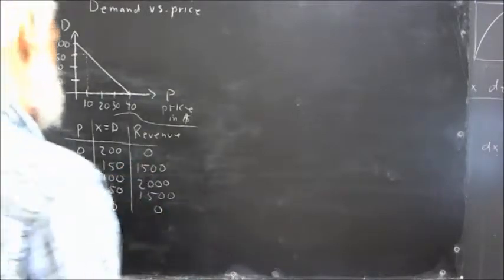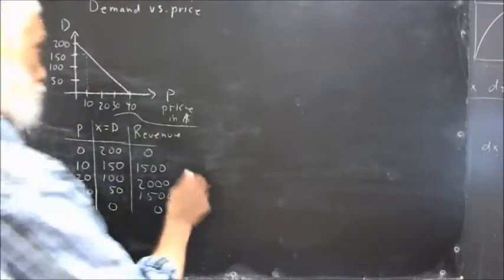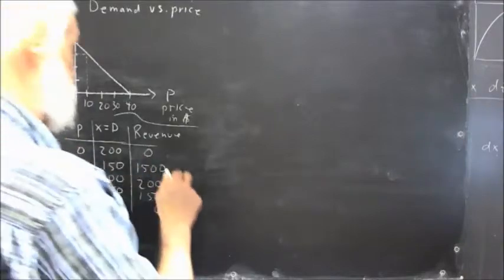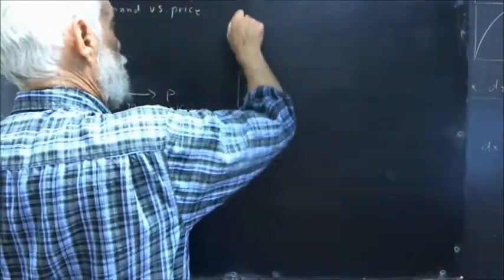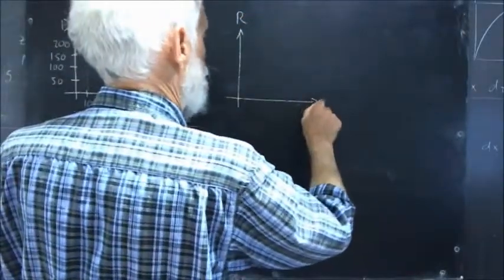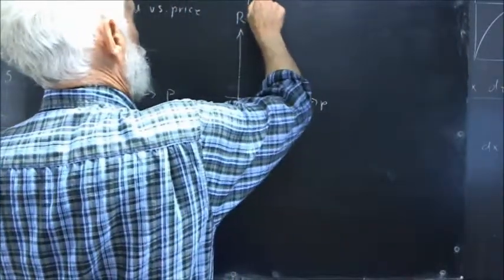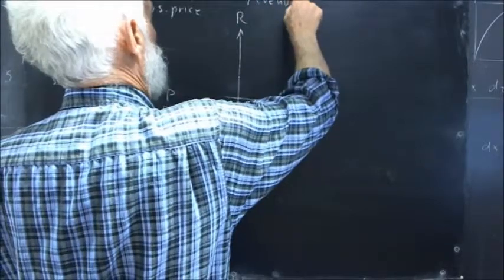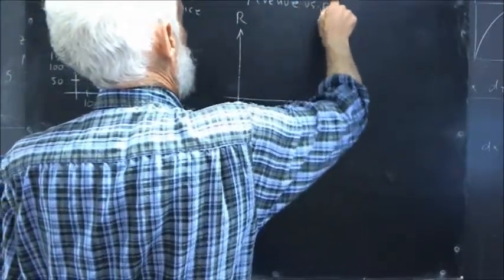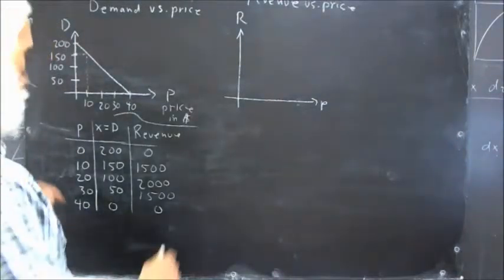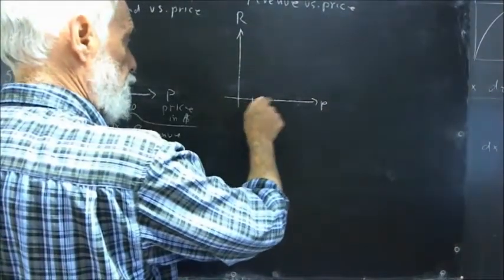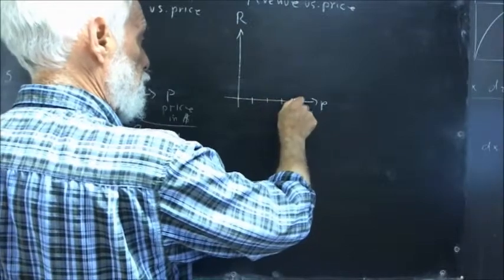Now, if we plot revenue versus price, we get prices 10, 20, 30, 40.